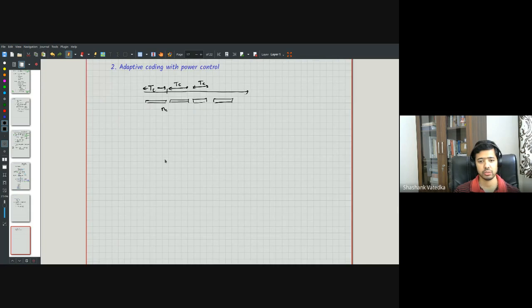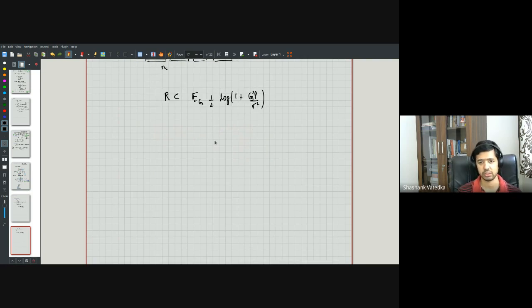So you can not just achieve R close to the expectation over G of half log 1 plus G square P over sigma square, but now you can also play around with the power, assuming that you're coding across multiple coherence intervals, and the power can be changed across the coherence intervals.